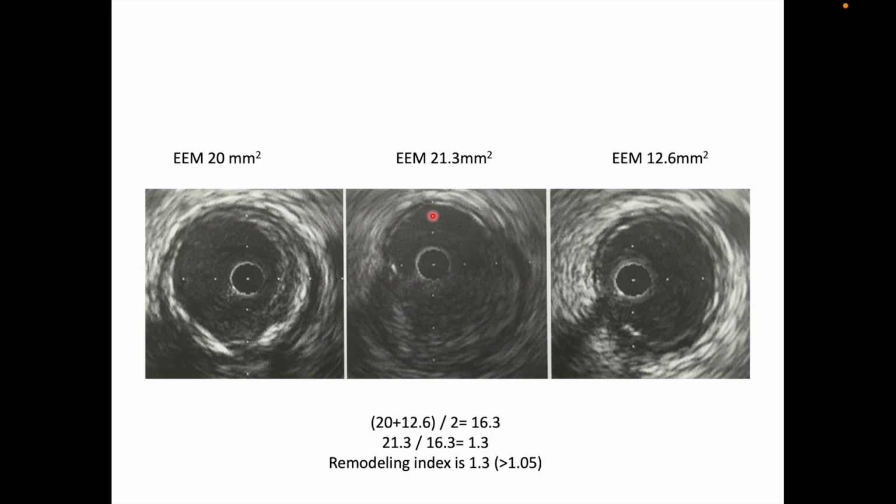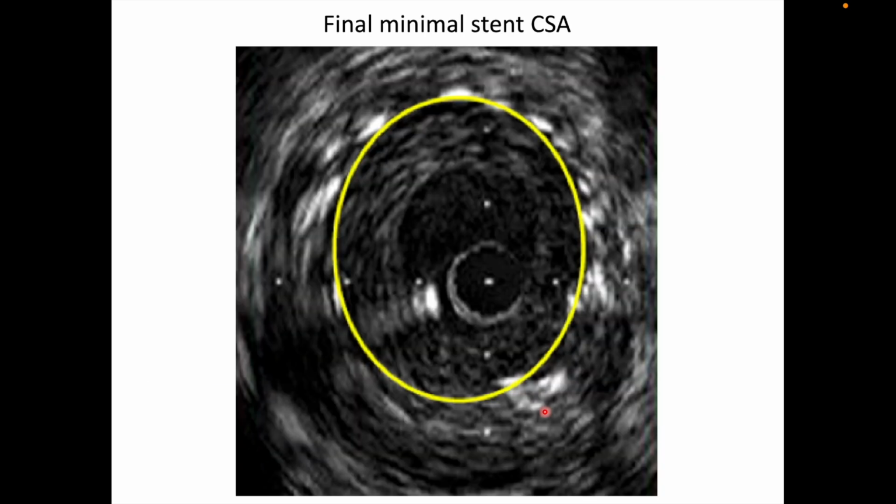But putting everything into the formula, the average comes to 20 plus 12.6 divided by 2, which is equal to 16.3. At the site of the lesion it is 21.3. So 21.3 divided by 16.3 is 1.3, and anything more than 1.05 is positive remodeling. So this is a case of positive remodeling.